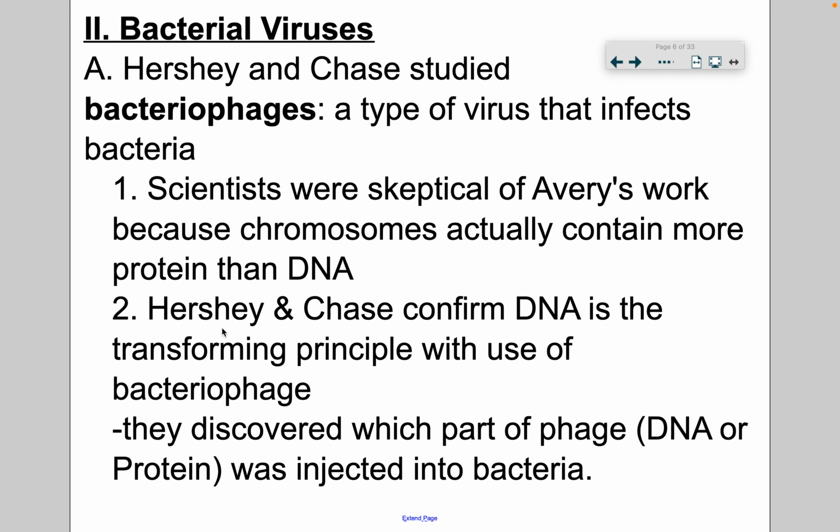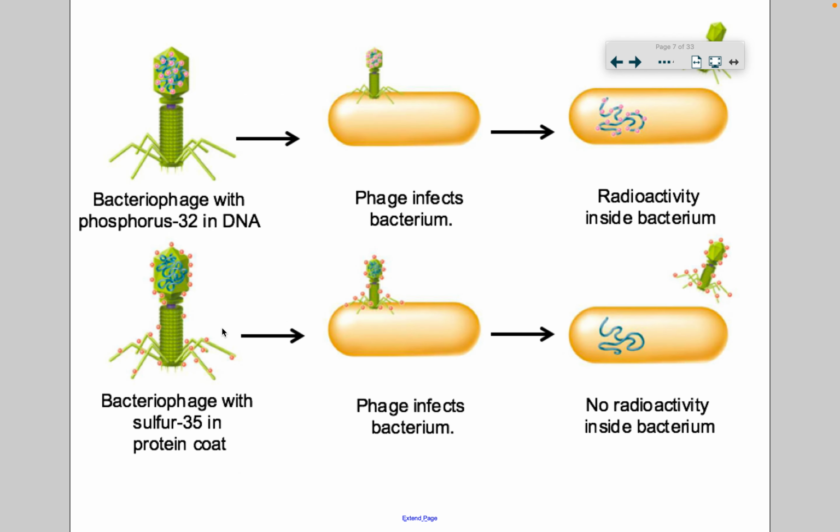So Hershey and Chase confirmed that DNA was the transforming principle, and I'm going to describe that on the next slide. They discovered which part of the phage, either the DNA that's inside or the protein coat, was injected into bacteria. So how they did this is they took two different types of bacteriophage. They're the same species, but this bacteriophage was labeled. They tagged the DNA with phosphorus 32.